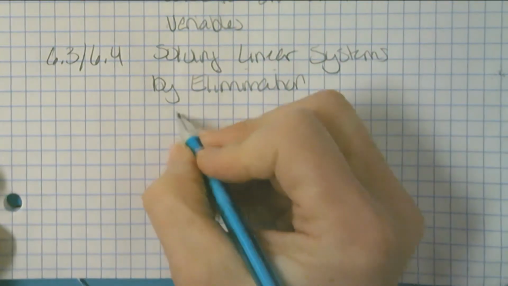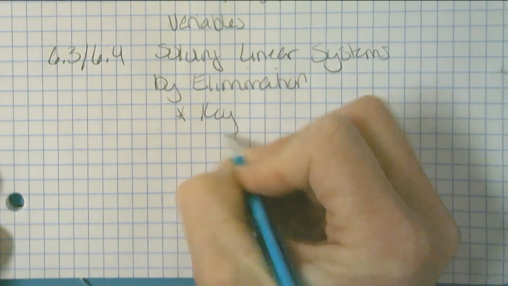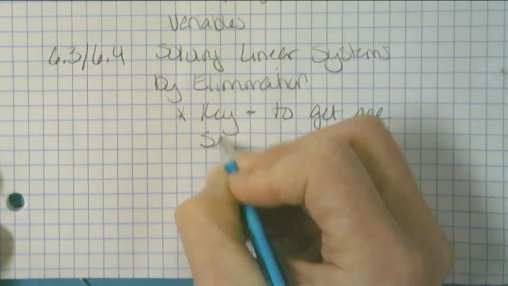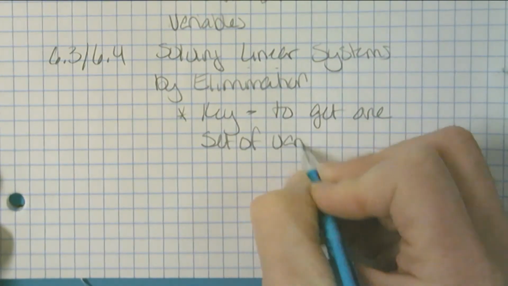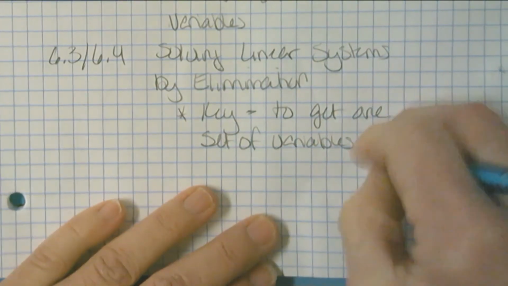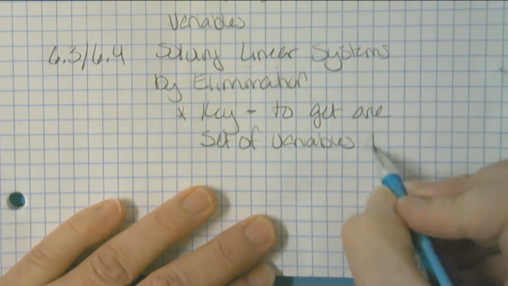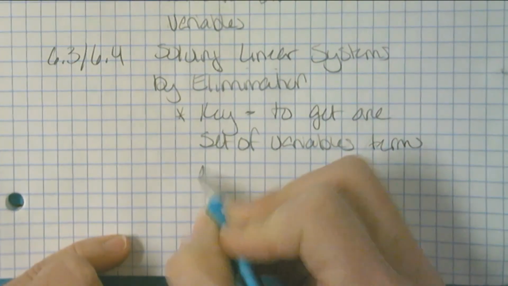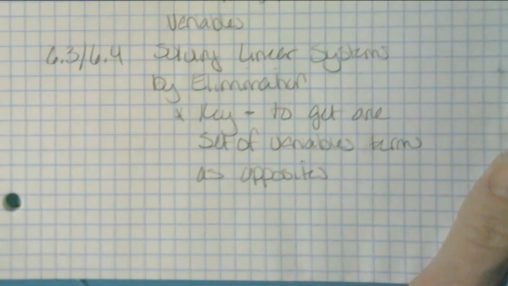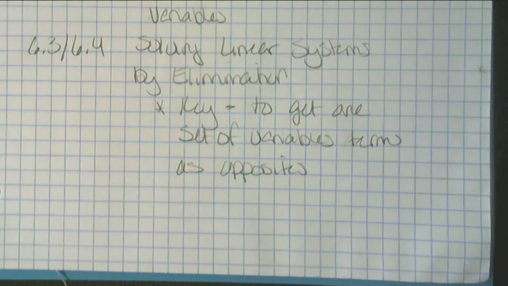And remember, the key is to get one set of variable terms as opposites. My goal right now is that when I'm reading this to you, you guys are like, yeah, I already knew that. This is not new. You aren't worried about this.